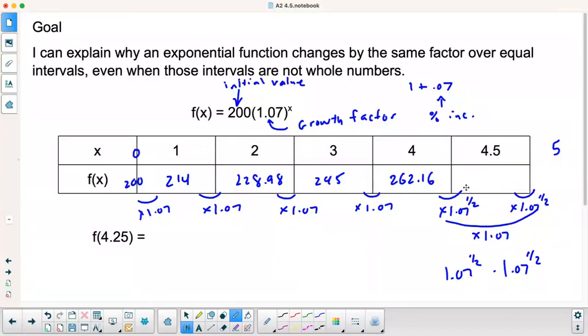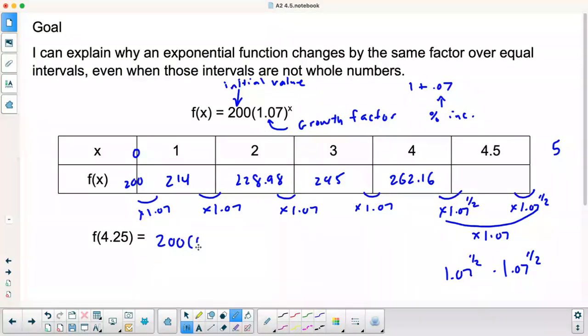Okay, so anytime you have a partial interval, if it's half an interval, it's to the 1/2 power. If it's a third of an interval, it's to the 1/3 power. So here, the 4.25, I could just plug it in because I have a function.